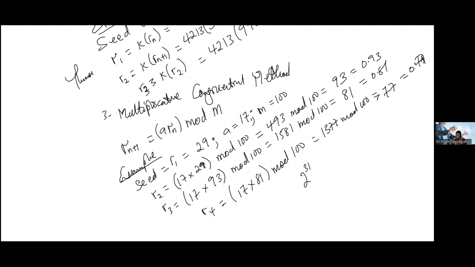Yeah, and this principle has been used in the SIMAN language, which is used in the Arena simulation software, right? Great, and the multiplier is 16807. That is basically used.